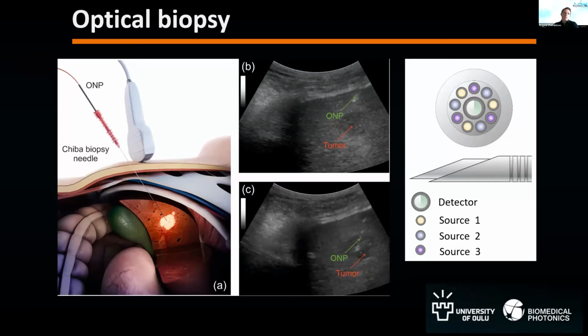In this study, we developed a fiber optical probe, which is compatible with the standard procedure of fine needle aspiration biopsy. And the needle probe can be used together with the standard biopsy needle.